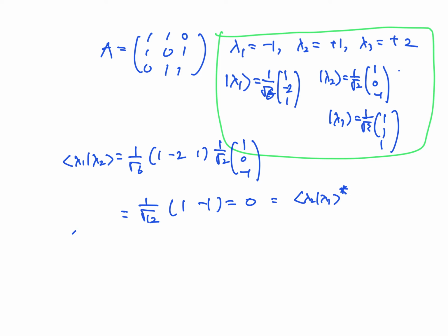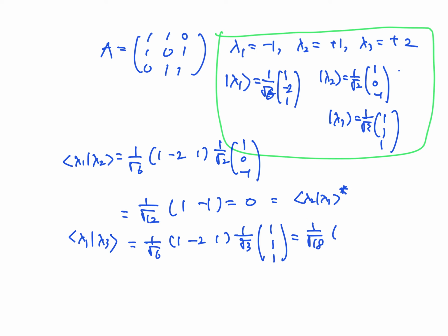How about lambda 1, lambda 3? Square root of 6, (1, minus 2, 1). Square root of 3, (1, 1, 1). Square root of 18, 1 minus 2 plus 1. Again 0, right?